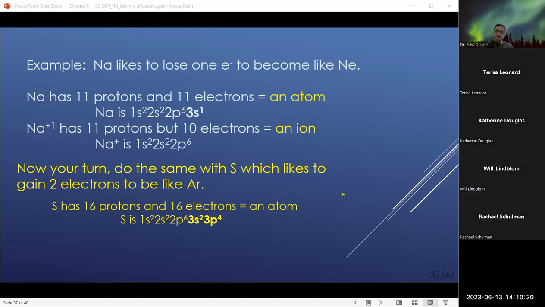And those 2 electrons will fit quite well in the p orbital, because remember, you can put in 6 maximum. So there's 4 in there right now. So there's room for 2 more, okay? Sulfur is a nonmetal, so it's going to pick up electrons. Specifically, it's going to pick up 2 because it has room for 2 in the p orbital.